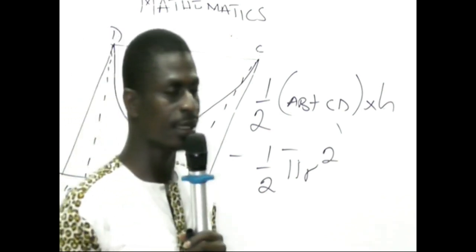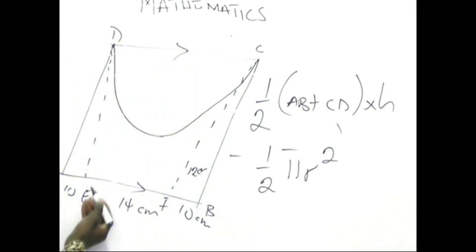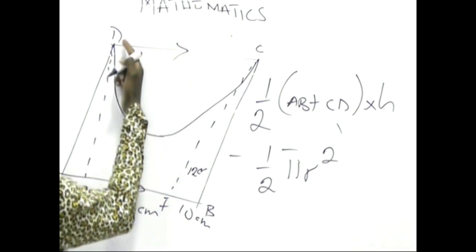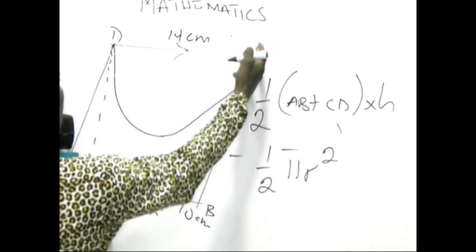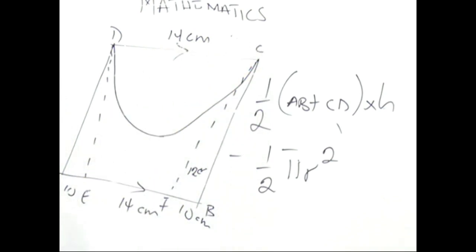But if you check from here, they have given you EF to be 14 centimeters. And so let us also assume that our DC is 14 centimeters. And if our CD is 14 centimeters, it means that the CD is your diameter. And because we are going to use r, you must find the radius.